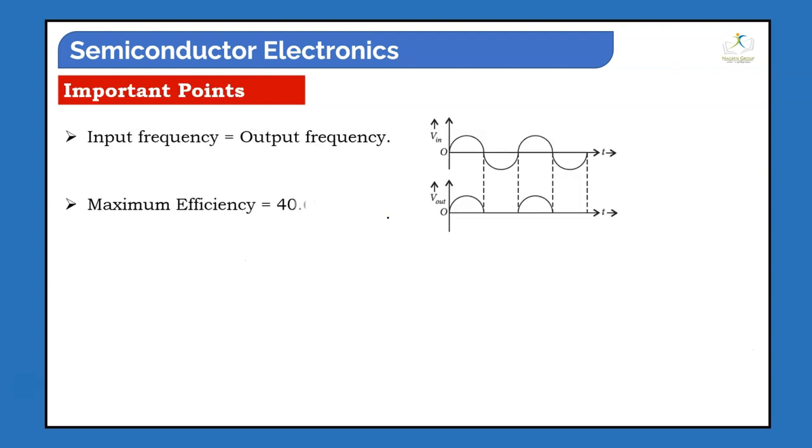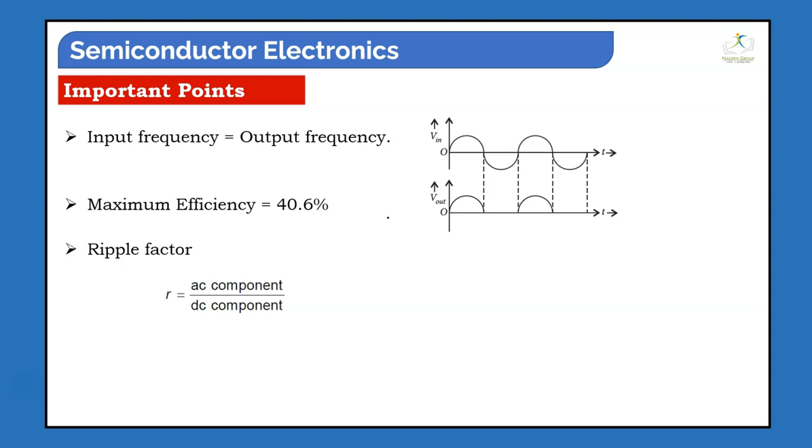A point which we have to memorize, an important point: the input frequency equals the output frequency, and the maximum efficiency is 40.6%. Next, ripple factor.